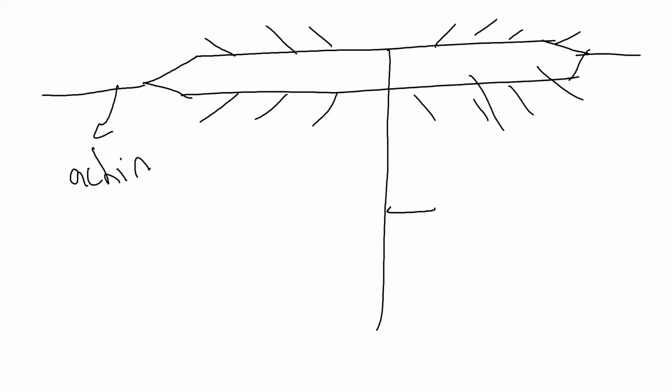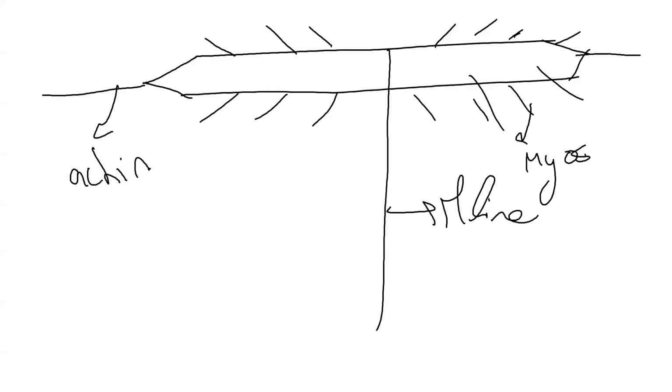So it looks like this. Okay. So here, as we said, we have the actin, which is the thin one, and here we have the M line, and these ones are called the myosin.